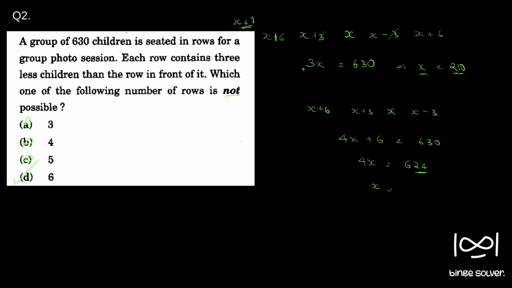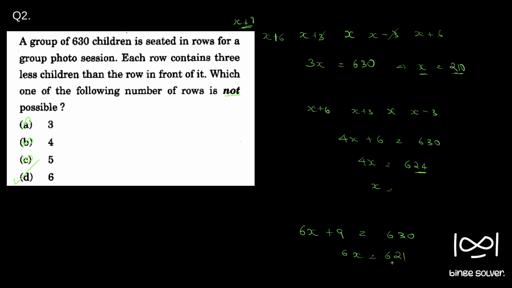So x plus 9 will also come. So 6 rows, 1, 2, 3, 4, 5, 6. So 6x plus 9 will be the sum, and it has to be 630. So 6x is equal to 630 minus 9, which is 621.